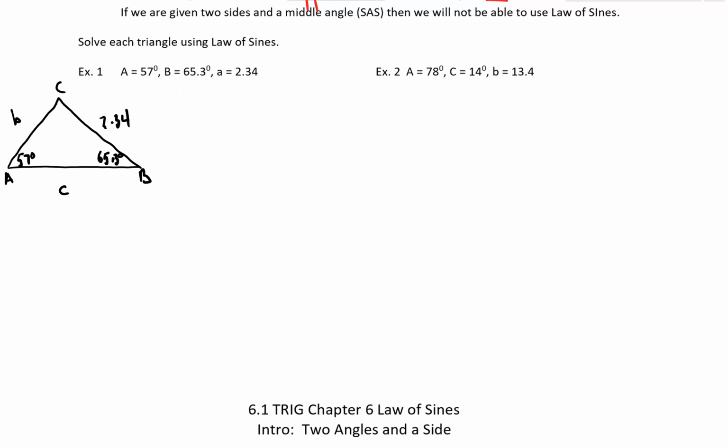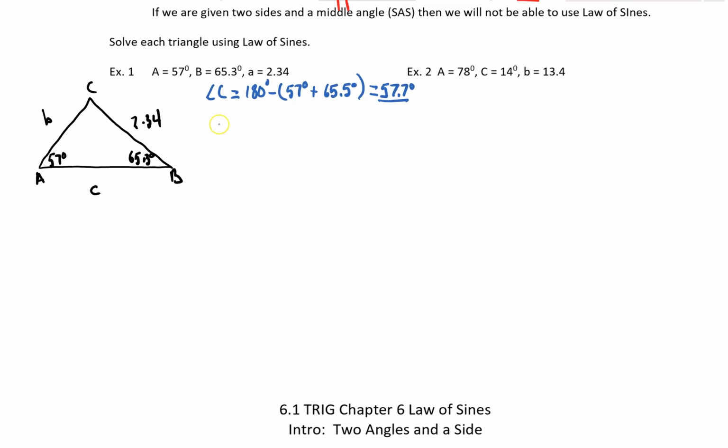Angle C is going to equal 180 minus 57 degrees plus 65.5 degrees, which is going to equal 57.7 degrees. So here's our first answer.